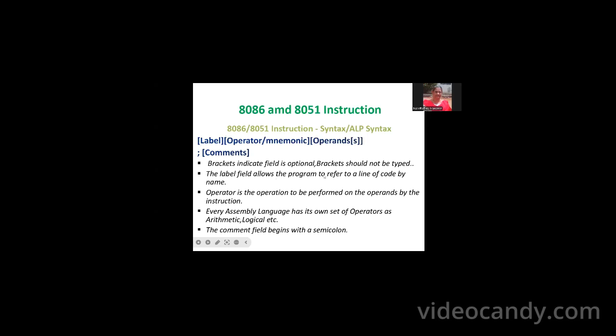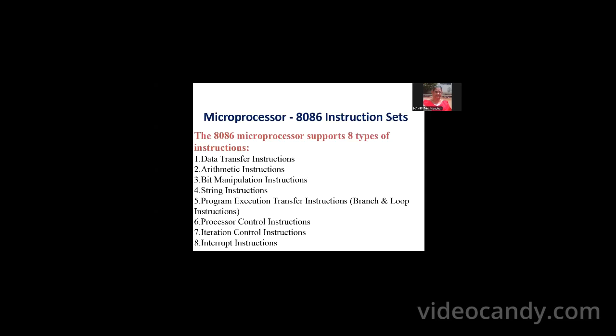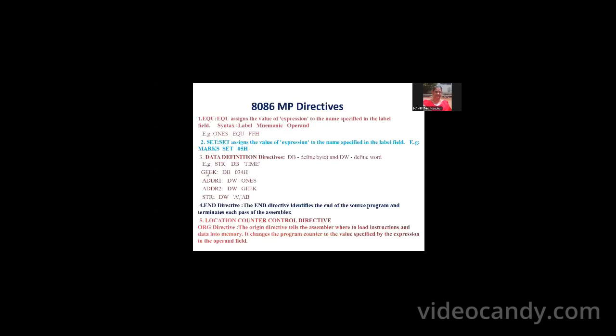The label field allows the program to refer to a line of code by a name. Whatever name you have given here, you will be referring to. For example, here I'm referring to this name with GEEK. And here I'm referring to this particular instruction as ADDR1. So if I say ADDR1, it means DW ONCE.